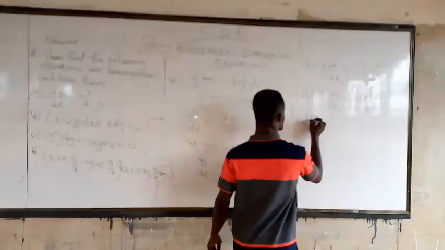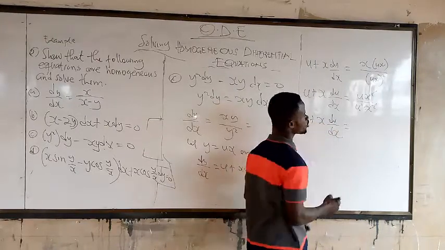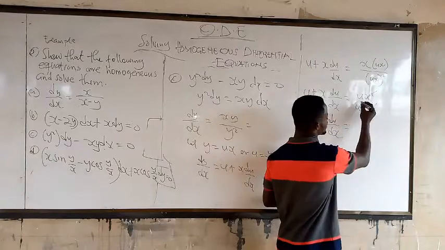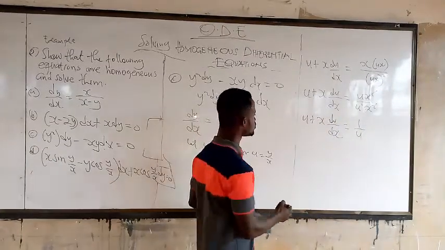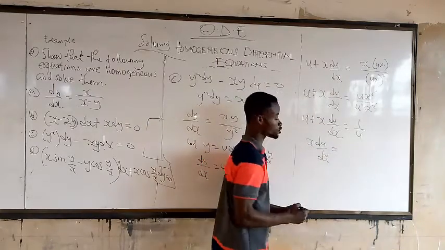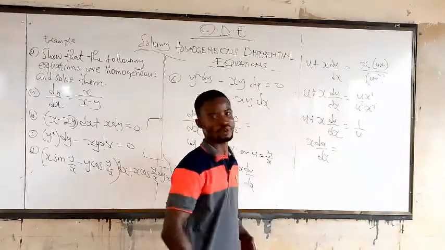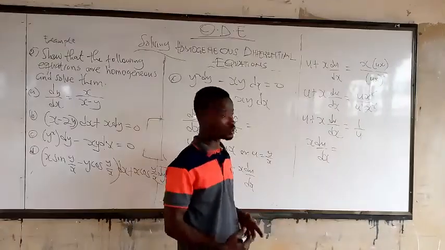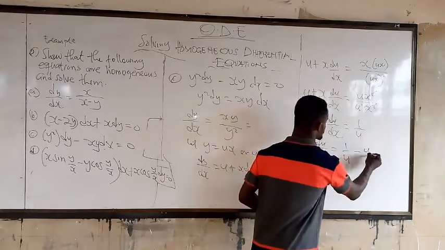So u plus x du/dx is going to be equal to, you can see that here we are going to get 1 over what? u. 1 over u. So x du/dx is going to be equal to, we are still transforming into the separable differential equation. So all this is ODE.